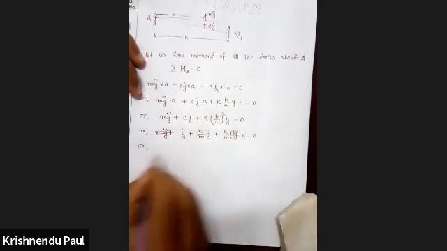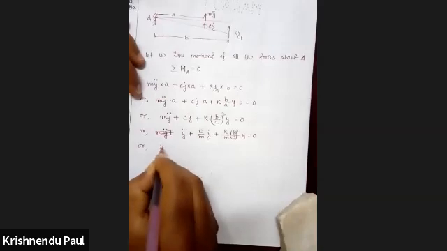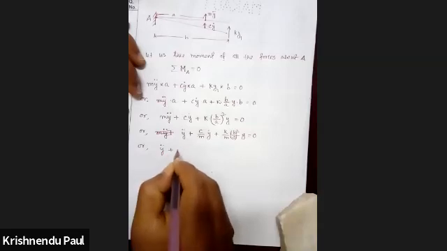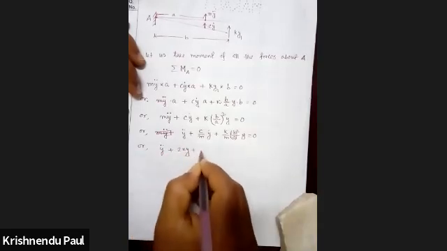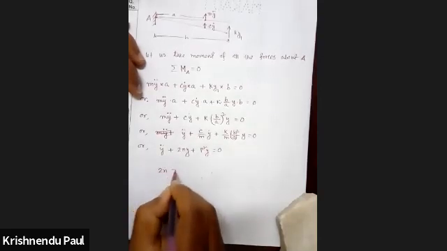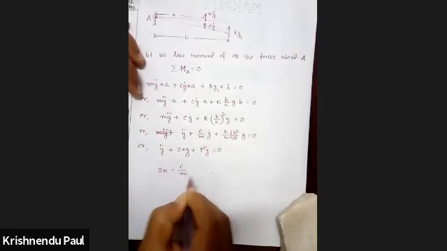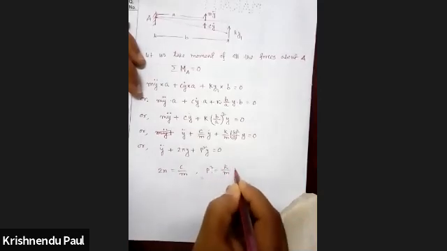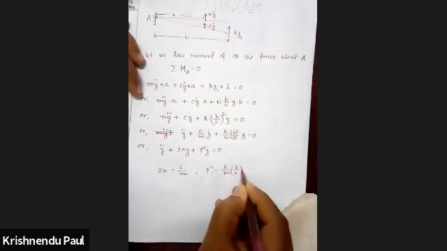So here let us give a different form, that is y double dot plus 2n y dot plus p square y is equal to 0, where 2n is equal to c by m and p square is equal to k by m into b by a whole square.